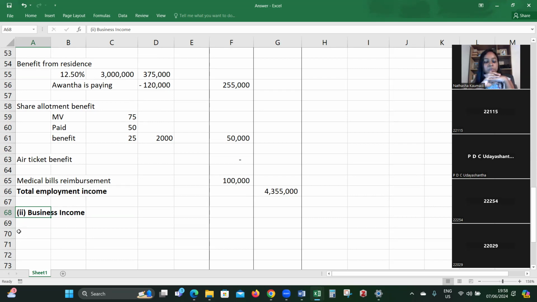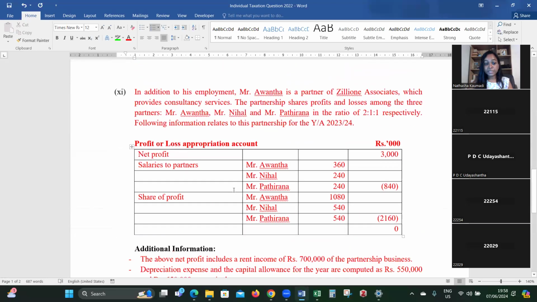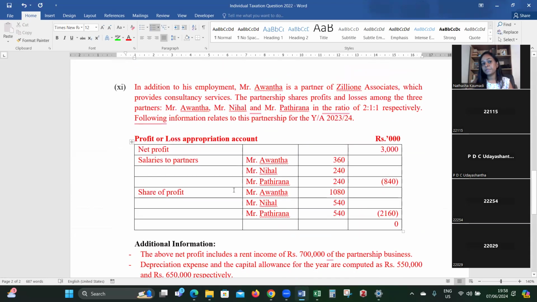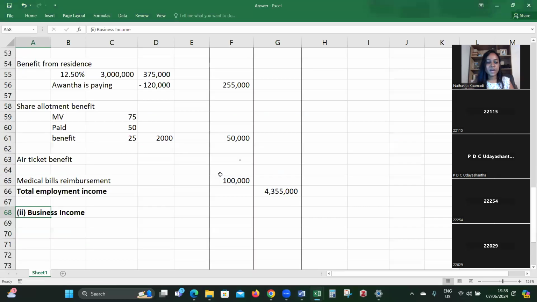Business income of Mr. Avanta. As we have computed, Mr. Avanta is engaged in this partnership. It's a business. What is the income he is getting from this partnership? What is the business income of Mr. Avanta? What do you think?